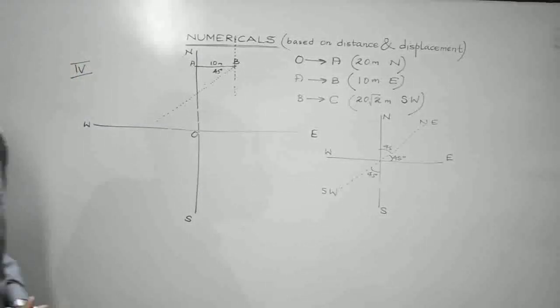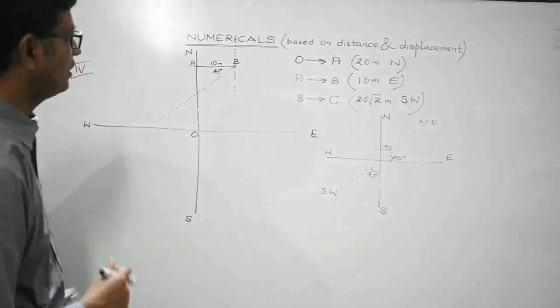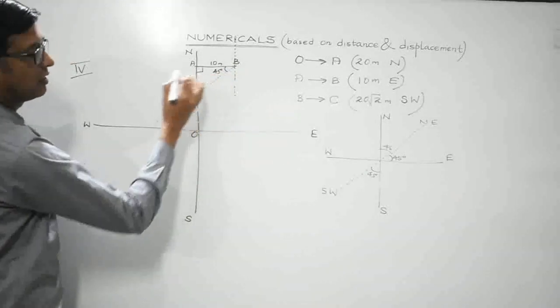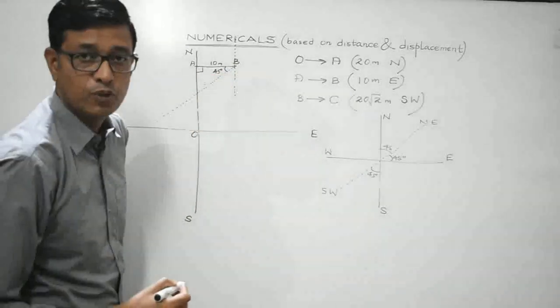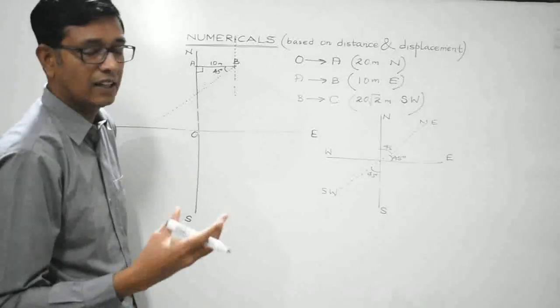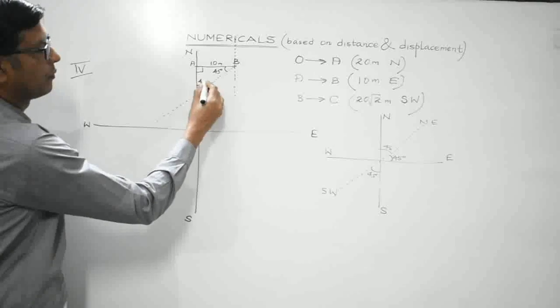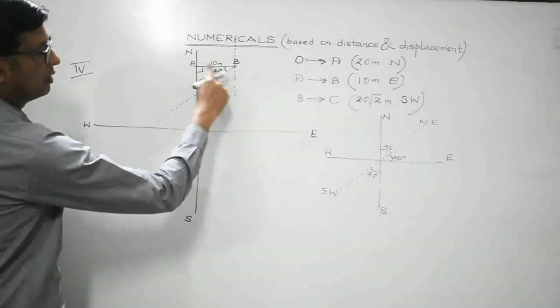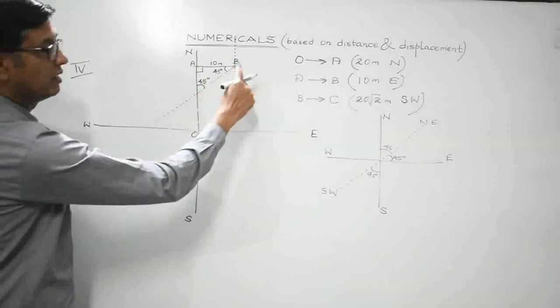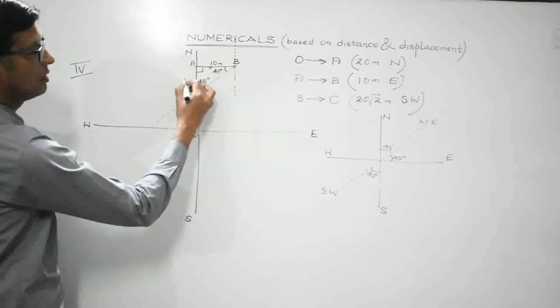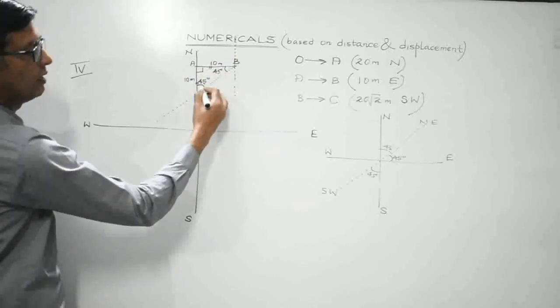Now, let's make use of some mathematical concepts. This angle is 45 degree, this angle is 90 degree. Making use of angle sum property, we are aware the sum of the three angles of a triangle is 180 degree. So, this needs to be 45 degree. Now look, this is an isosceles triangle. These two sides are equal. So, it is 10 meter, this would be also 10 meter. These two angles are equal.